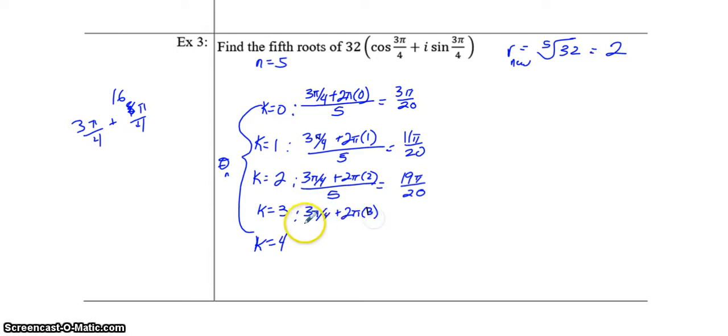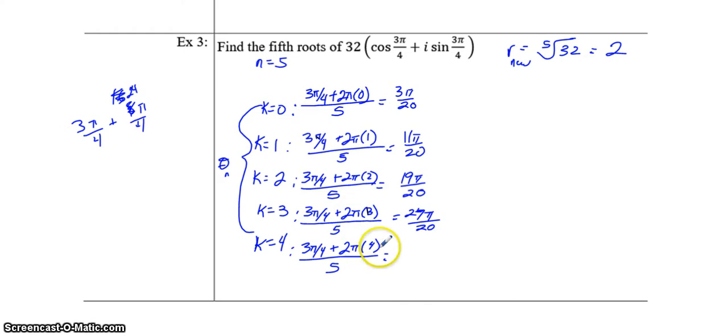So 6 pi, which is 24 over 4. Now, if you're starting to see a pattern, excellent. It's okay if you don't. Because we could go ahead and do this. This is the one time where sometimes degrees works better.